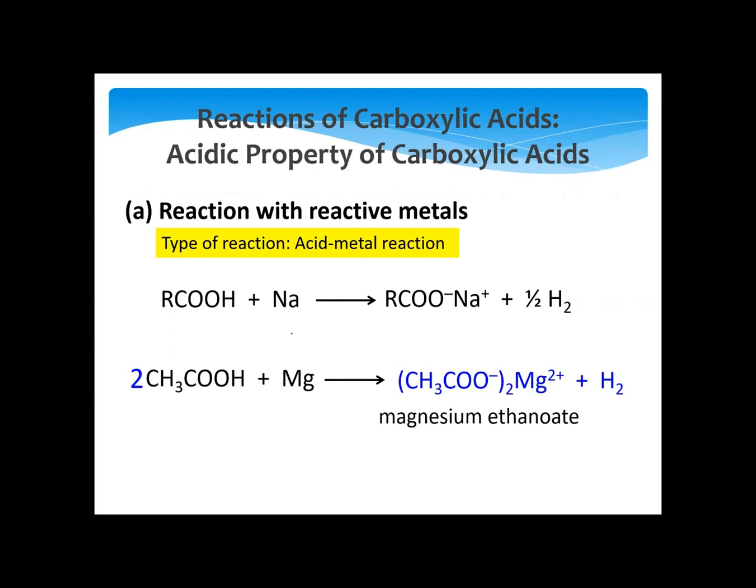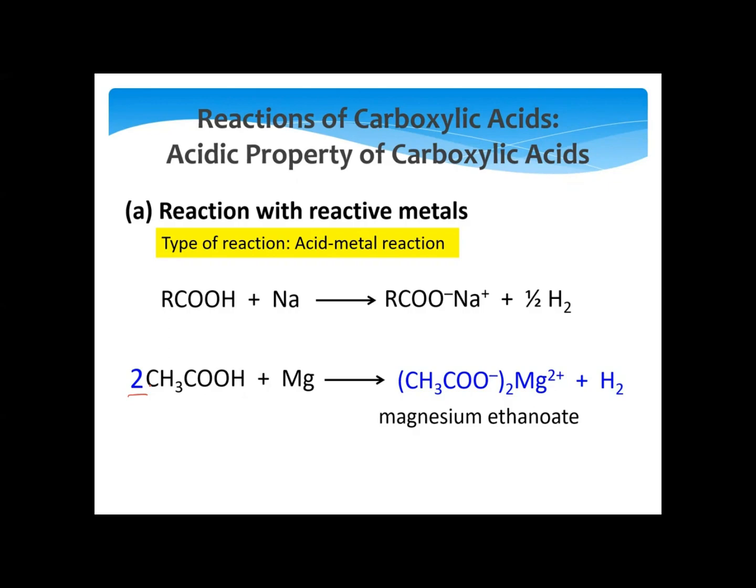CH3COO minus is an ethanoate ion. Please remember to balance CH3COOH as well. And of course, H2 gas will be released in acid-metal reactions. I don't think this is new since we've talked about similar acid-metal reactions in the previous chapters.